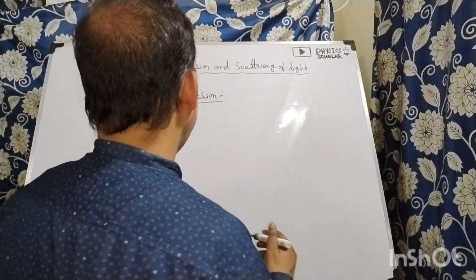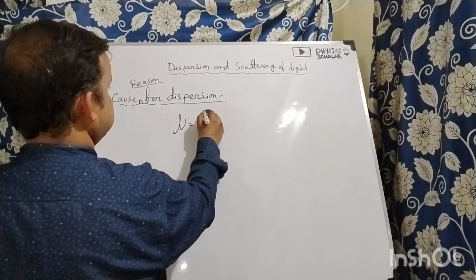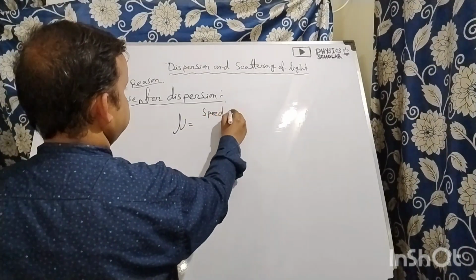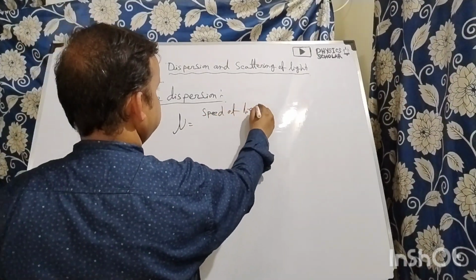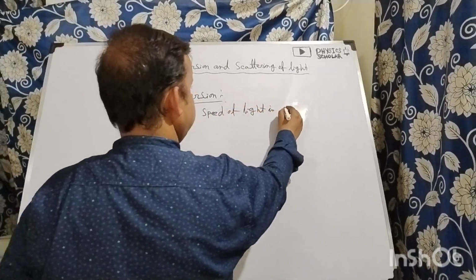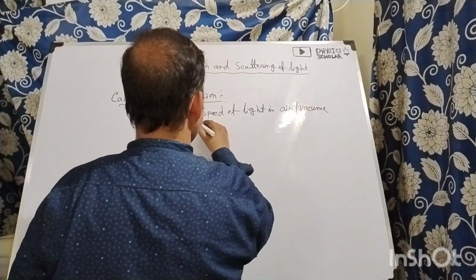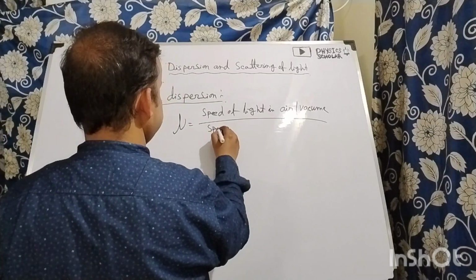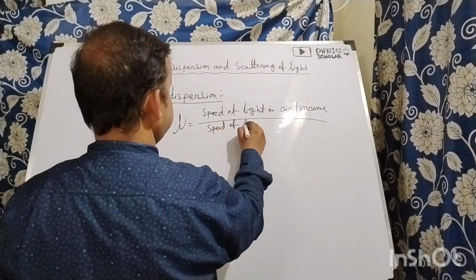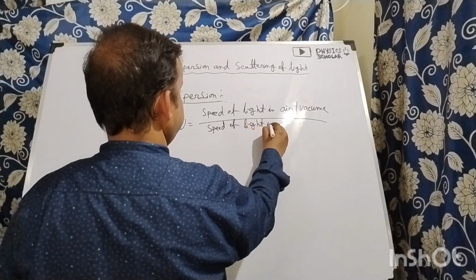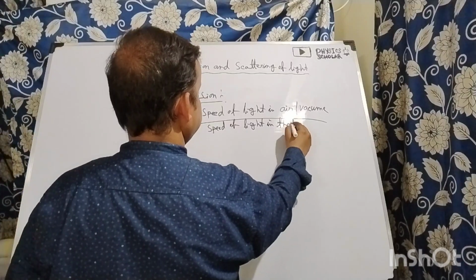And what do we know? Refractive index mu is equal to the speed of light in air or vacuum divided by the speed of light in that medium.